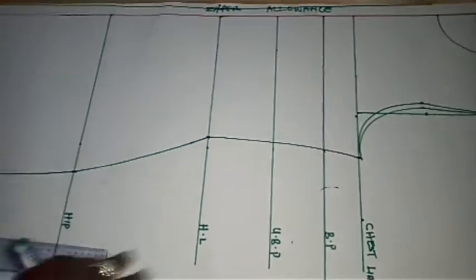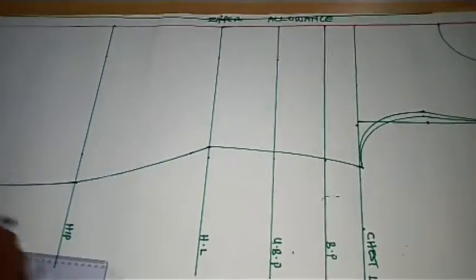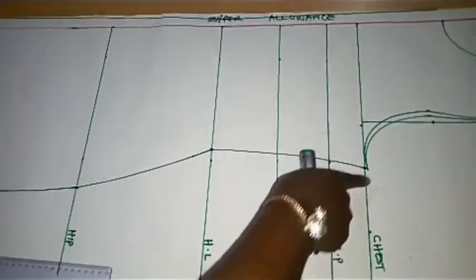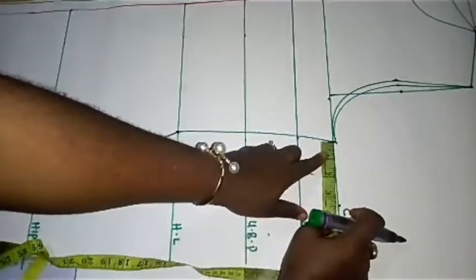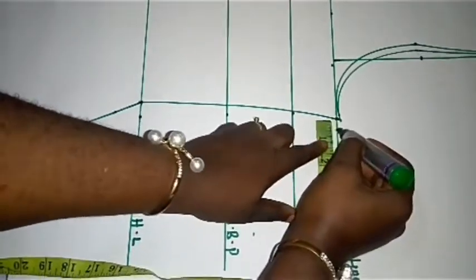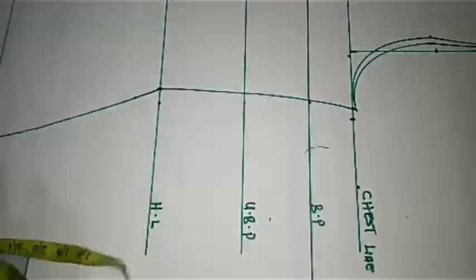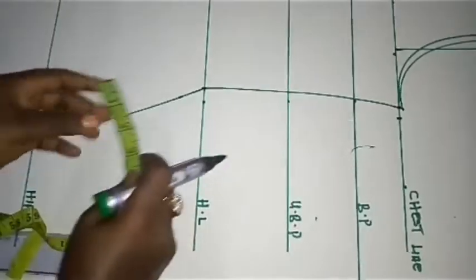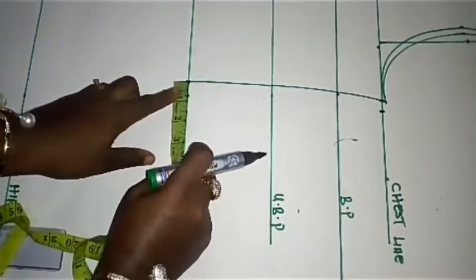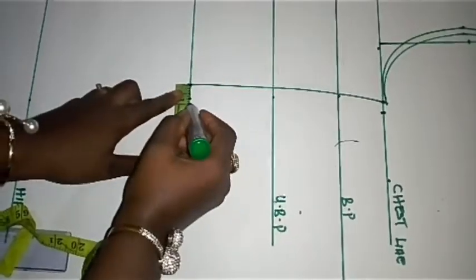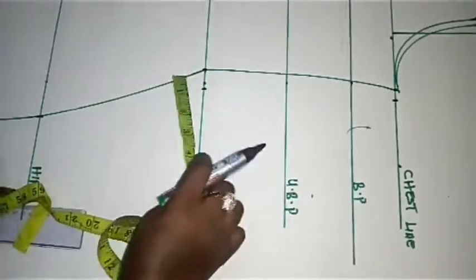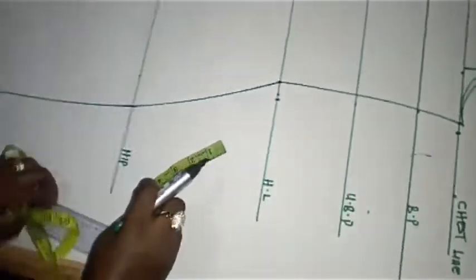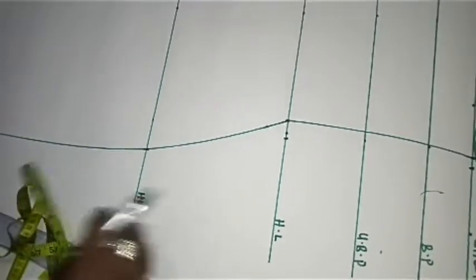So we are going to add our ease allowances right now. The very first allowance we are going to add is at the bust. We are adding 0.5 inch ease for the bust. Then coming over to our waistline, we are going to add 1 inch ease allowance, and we are going to come over to the hem.